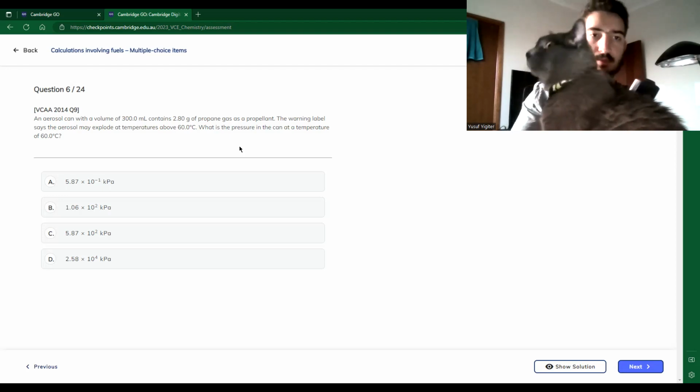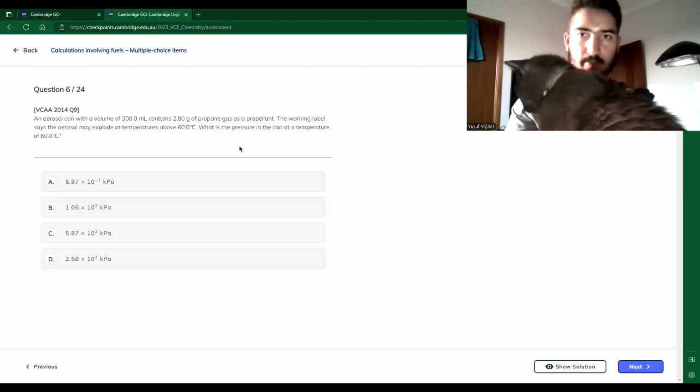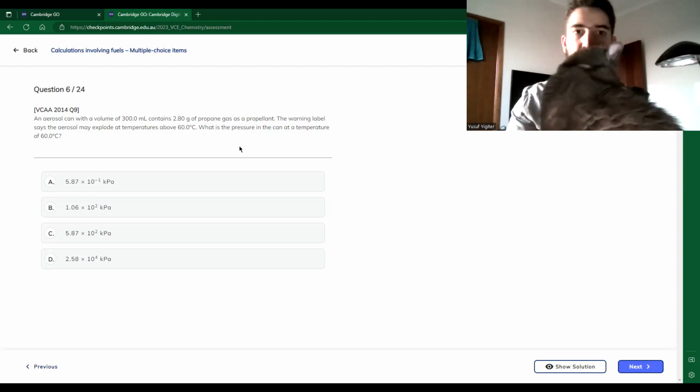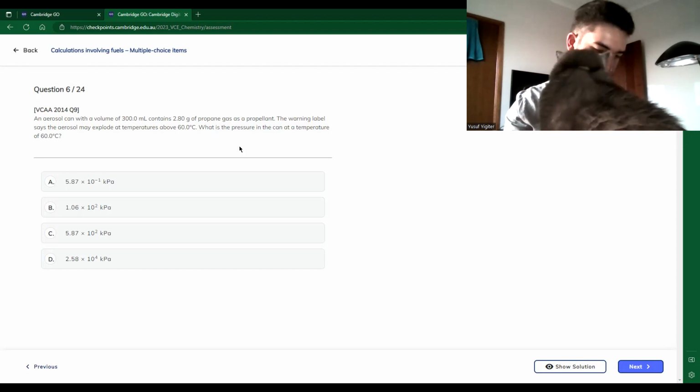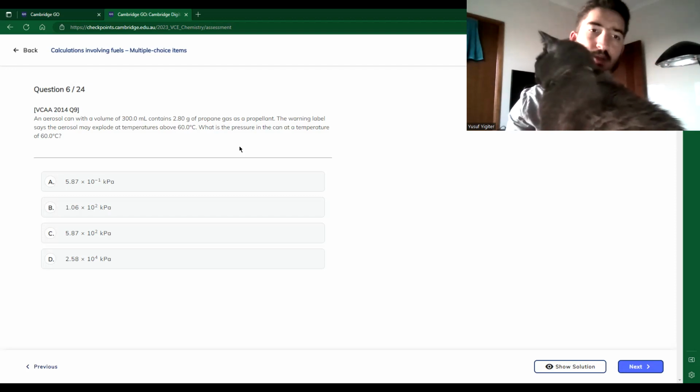Propane gas. What's the molar mass of propane? Propane is three carbons. Three times 12 plus eight is 44. So I do 2.8 divided by 44.